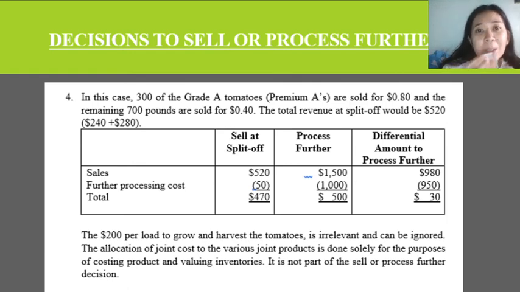However, if they process it further to hot sauce, at split off point we have $520 in sales as computed earlier, and we have processing of $50.